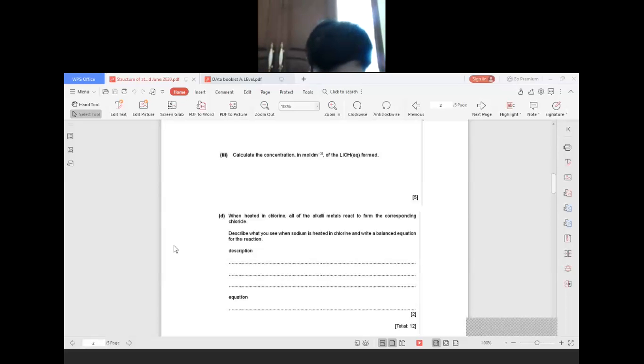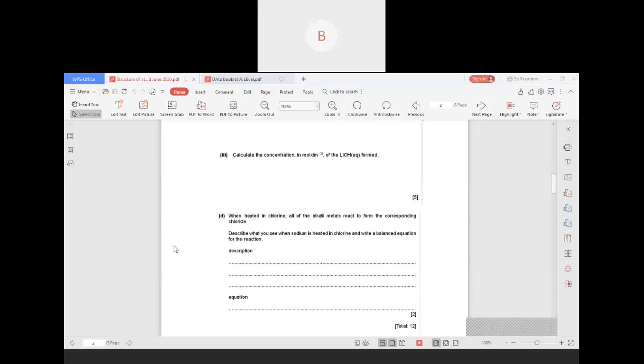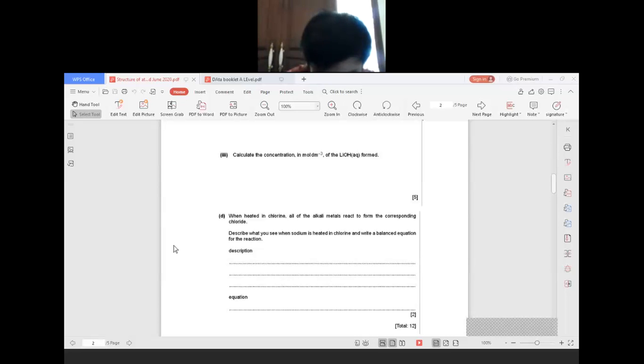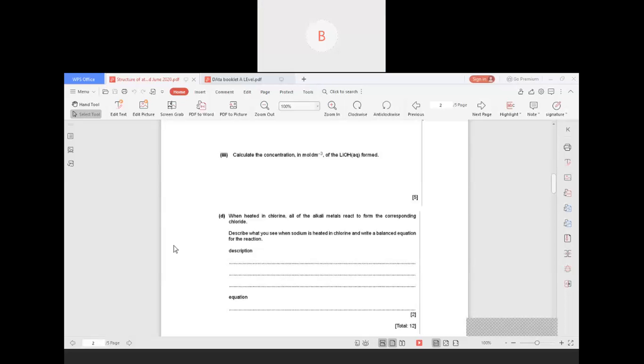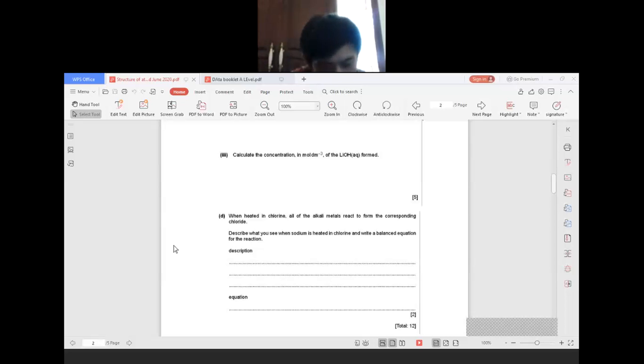The sodium chloride will turn white. Become white gas or white liquid or white crystal? What is the color of sodium chloride?